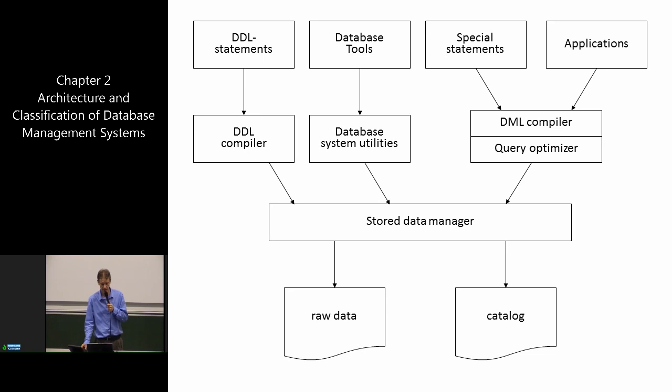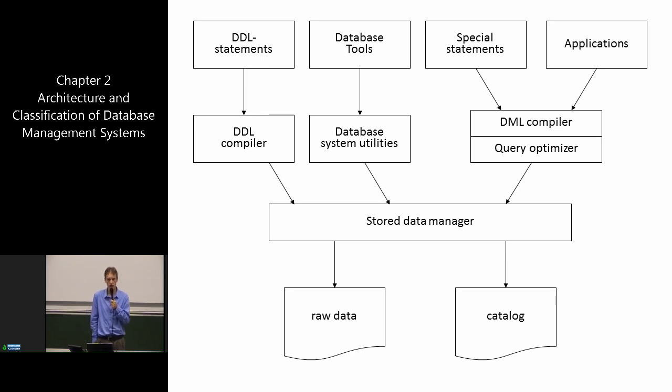So we have DDL statements, data definition language statements. So that means that those will be statements which are going to create data structures, which are going to create the conceptual, physical, and external database model, for example. So a user, more specifically, a data modeler, is going to define all these concepts and then give them to a DDL compiler.